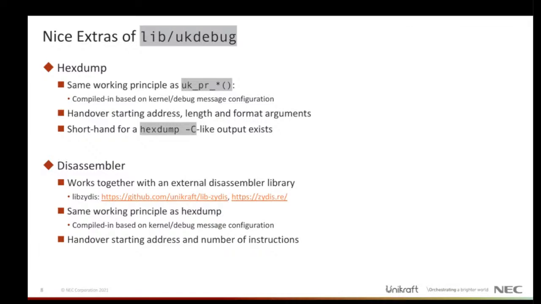It also provides you through libukdebug the same style of function like hexdump, where you point to the starting address and then tell how many instructions should be printed. And also here we have the full instrumentation of whether the function is compiled in or completely removed from the code, depending on the level, if it's a kernel message or if it's a debug message.